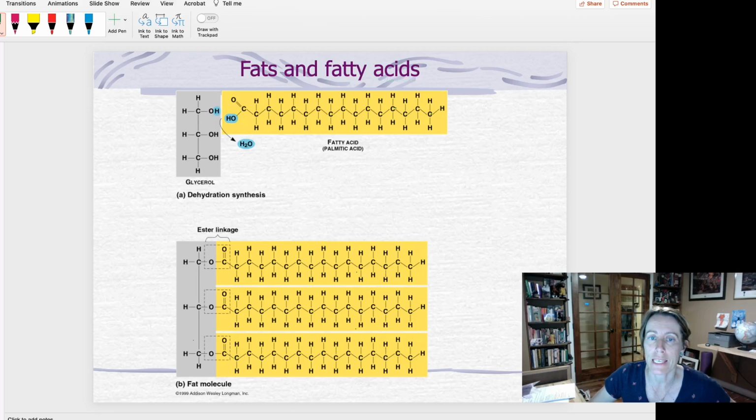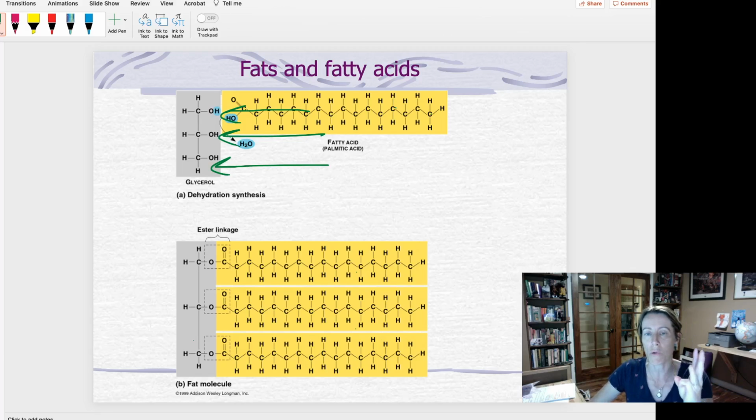We put 1 fatty acid here, but to make a triglyceride, I'm going to get 2 more fatty acids. I'm going to hook one on here to this OH and another one here. Remember, each fatty acid has a carboxyl group, so it's going to have an OH, and there's another OH here. So every time I hook a fatty acid on, I can pull out 2 H's and an O and hook the molecules together. So you'll end up with a fatty acid hooked here, here, and here, and I will have pulled out 1, 2, 3 water molecules, one for each hooking on, and then I'll end up with this giant thing down here.